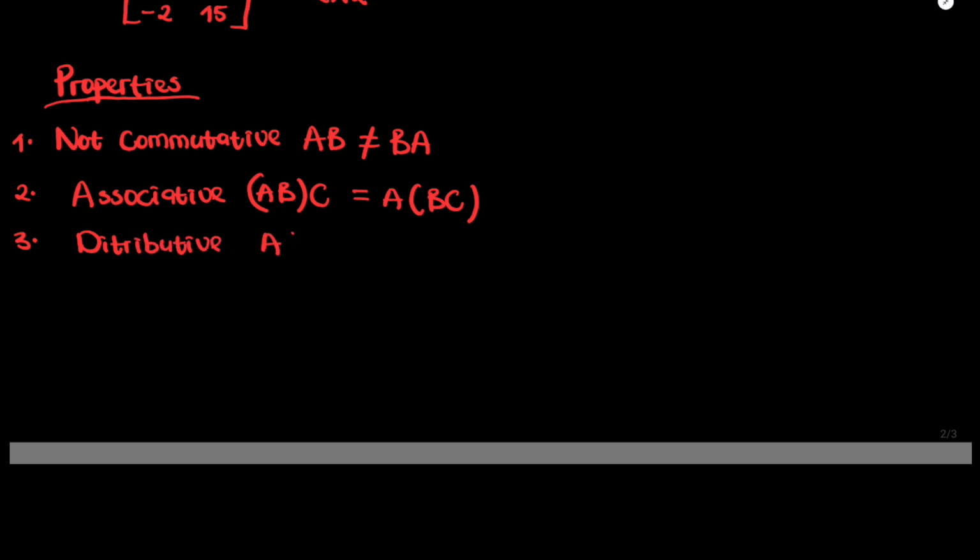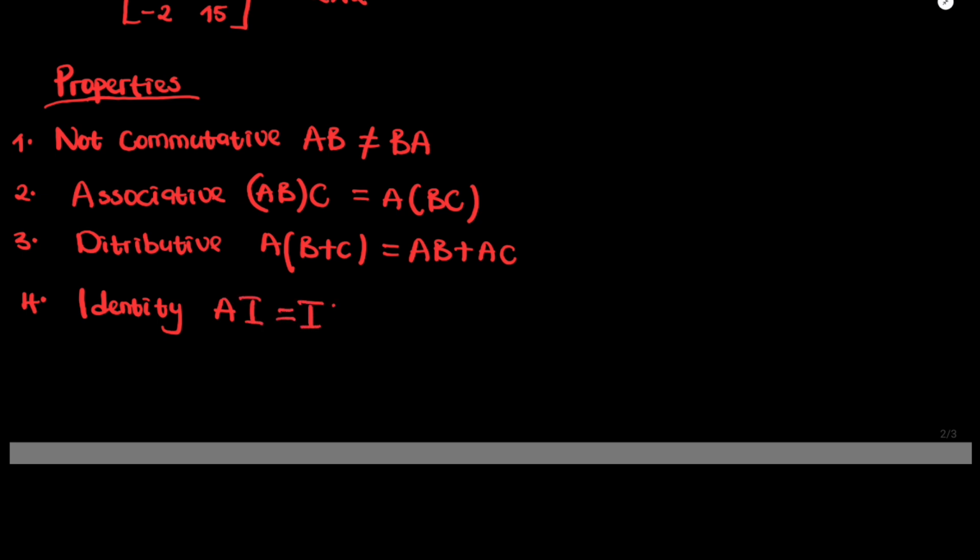That is A into B plus C is equal to AB plus AC. And the fourth is identity. That is, a matrix A times its identity is the same as the identity times the matrix, which is the same as the matrix alone.